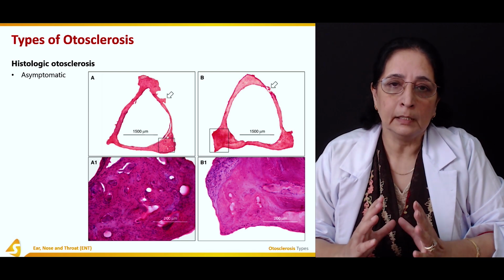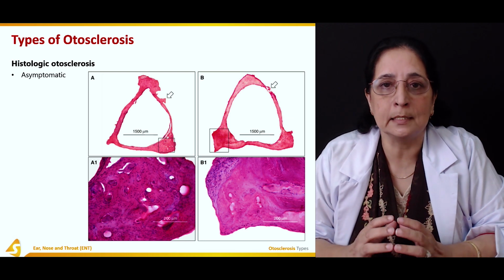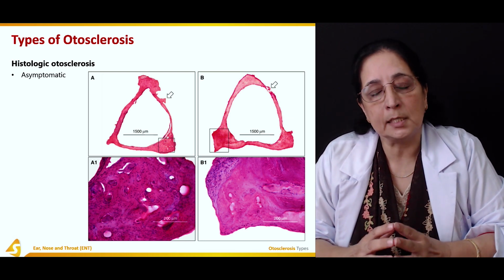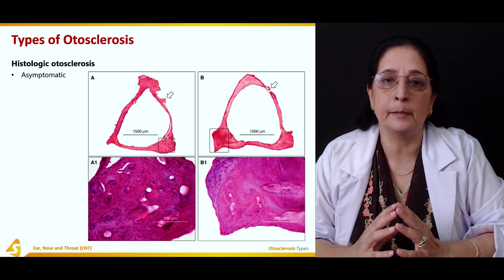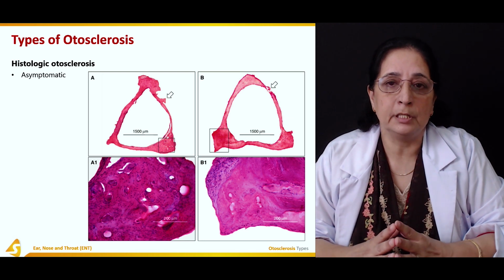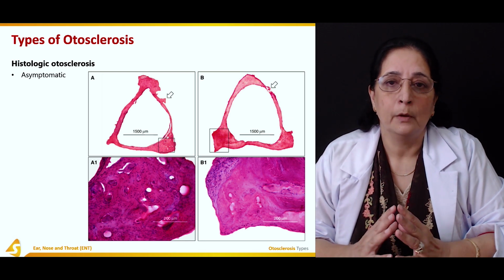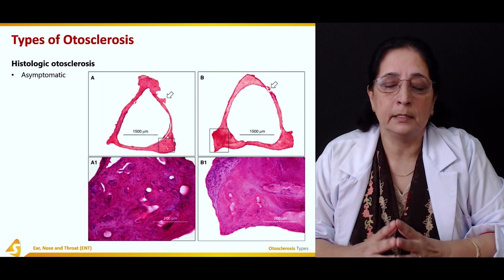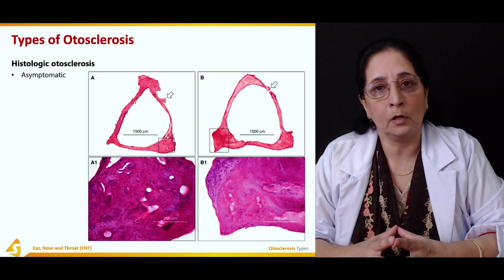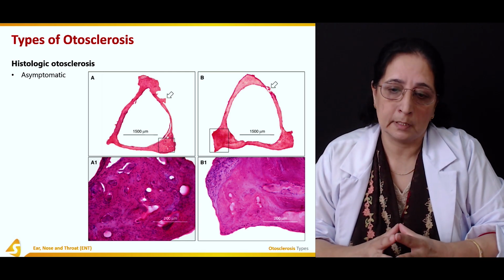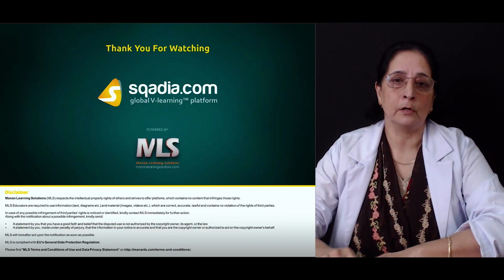And then the third type is completely asymptomatic. The patient has no symptoms at all. The condition is only diagnosed when the tissue is removed and examined under the microscope. That's the histological type of otosclerosis. So that was all about the types of otosclerosis.